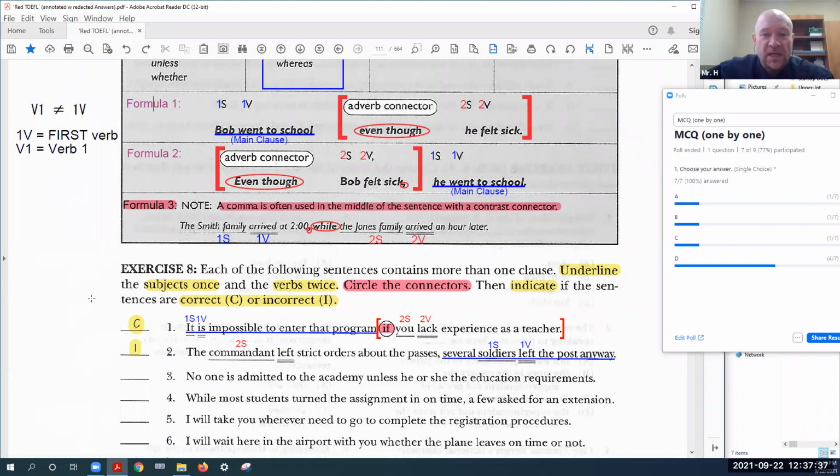Second verb will be left. So what's the problem with this formula? No connector. Do you know which connector I should put here? The best connector, actually, although, at the beginning, although.